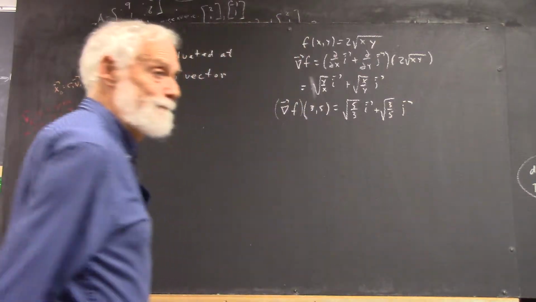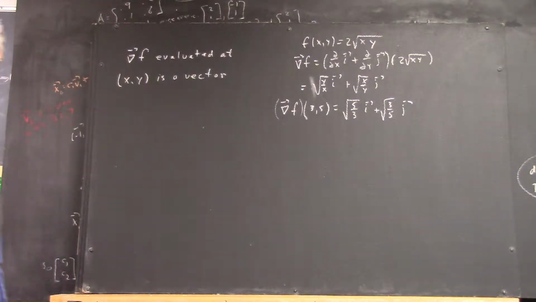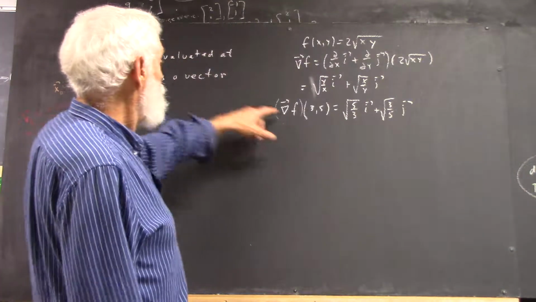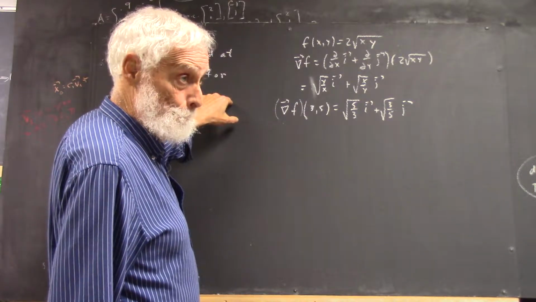It's going to be this. I mean, just plug it in for x and y, that's true, okay? So, this is del F evaluated at a specific point, right?